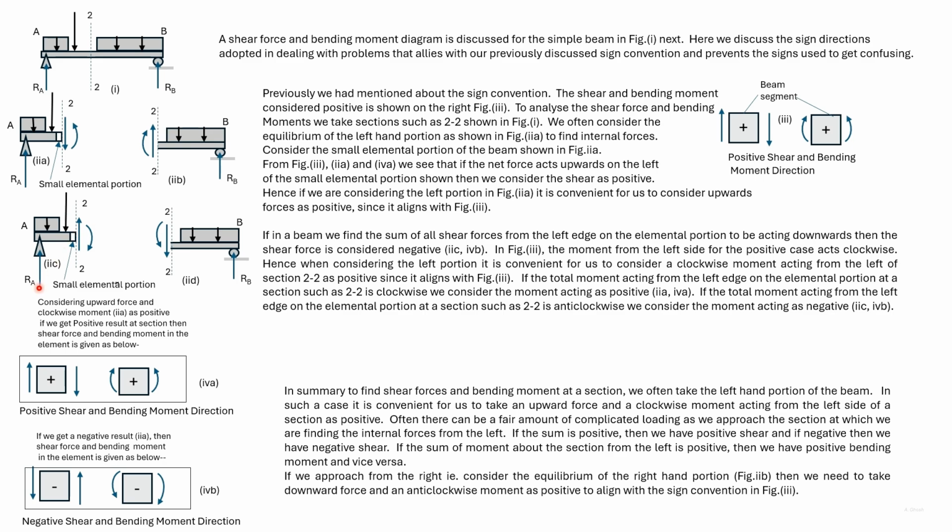Now consider the case where this point load plus the resultant of this uniformly distributed load is greater than Ra. Then since upward is positive, the value that we'll get of shear force at section 2-2 is negative.